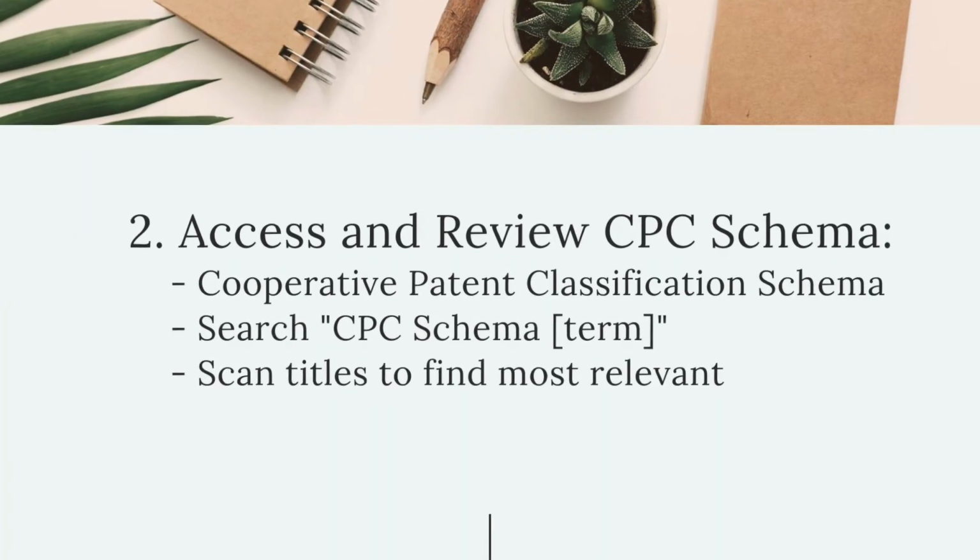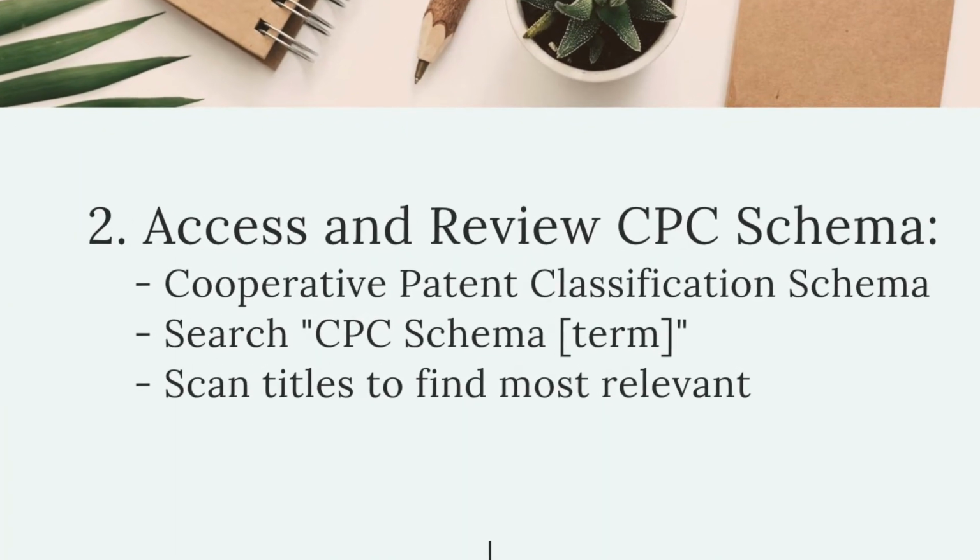So for step 2, you're going to access and review the cooperative patent classification schema. And so what that is, is a database, if you will, of indexes that index all the different types of arts and their subsections and subsections of those subsections. And so you'll see when we go and dig in further.